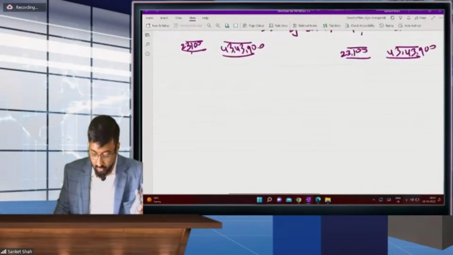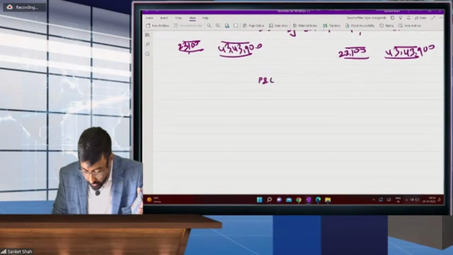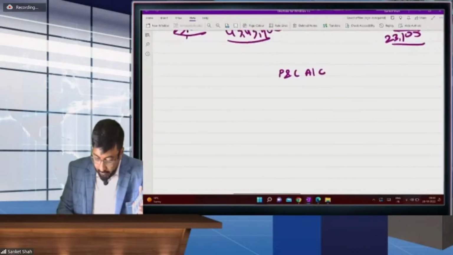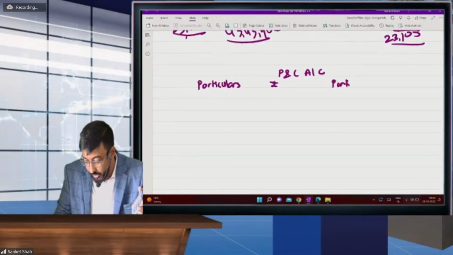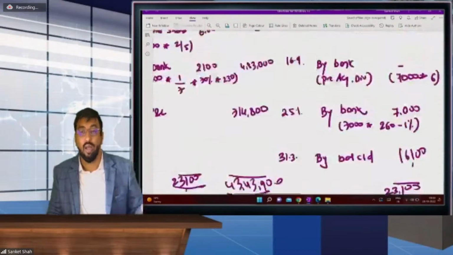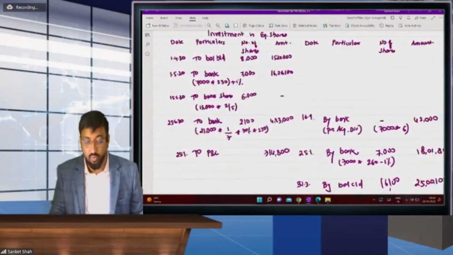Okay, so let's try the profit and loss account. Particulars, rupees. Now, see what you have to write. I won't show you the P&L account now.